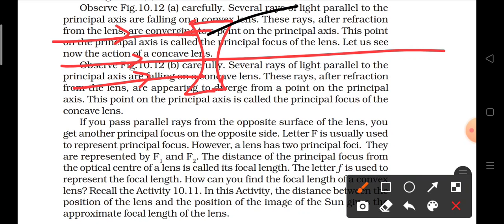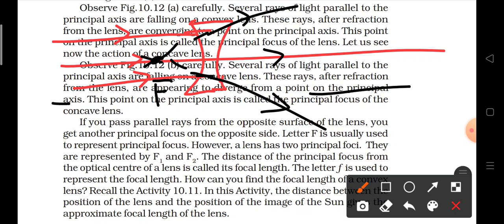When produced backward, they appear to come from a single point, which is known as the principal focus of the concave lens. So it is written, diverge from a point on the principal axis. This point is known as the principal focus of the concave lens.